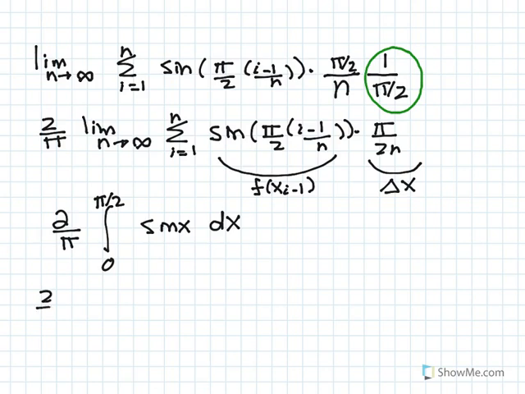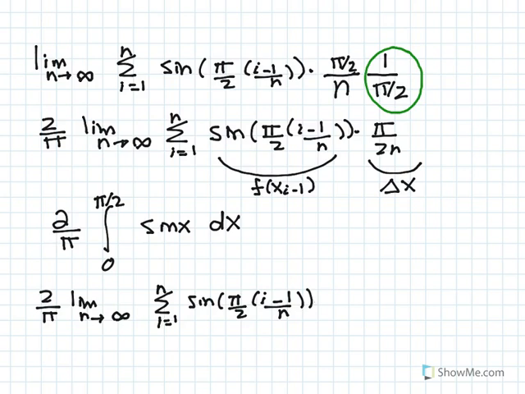The Riemann sum was given as 2 over pi, limit as n goes to infinity, summation, i goes from 1 to n, of sine of pi over 2 times (i minus 1) over n, times pi over 2n. And we transform this into the definite integral 2 over pi, from 0 to pi over 2, sine x dx.